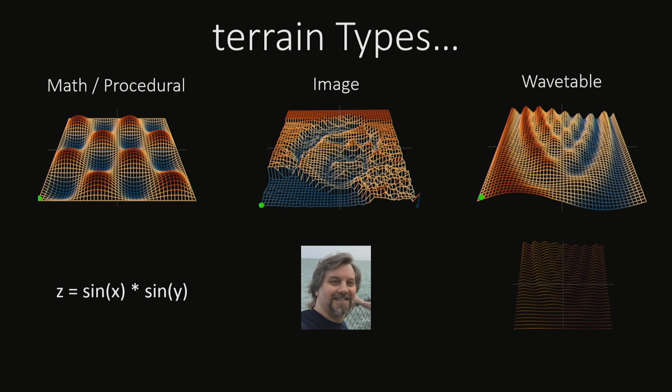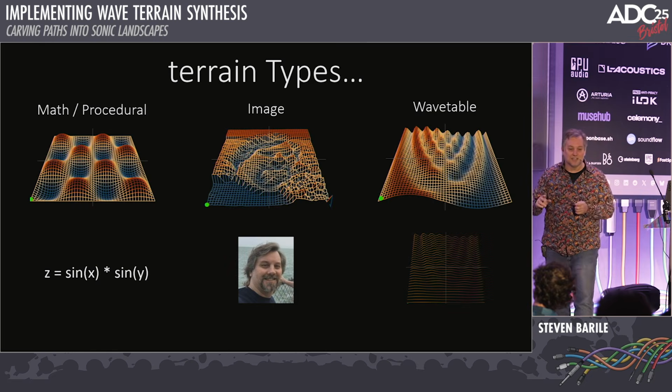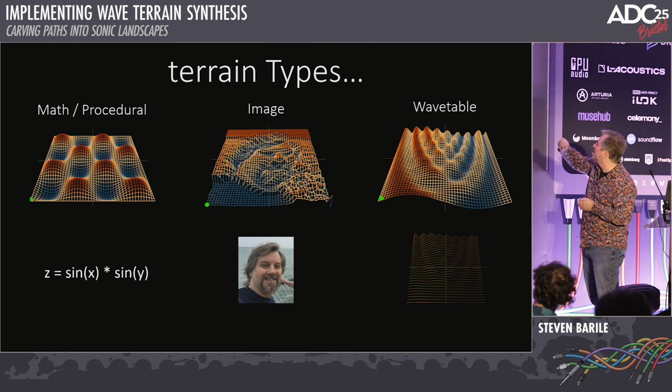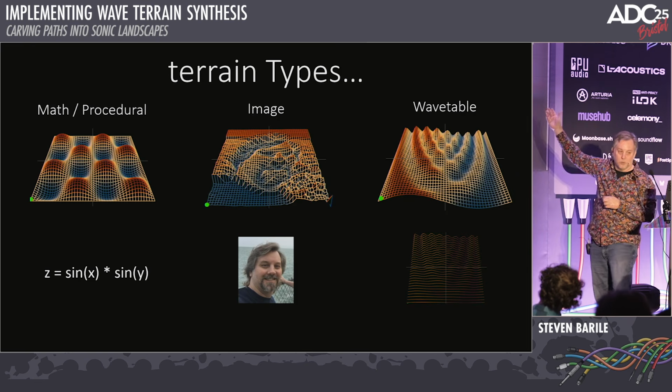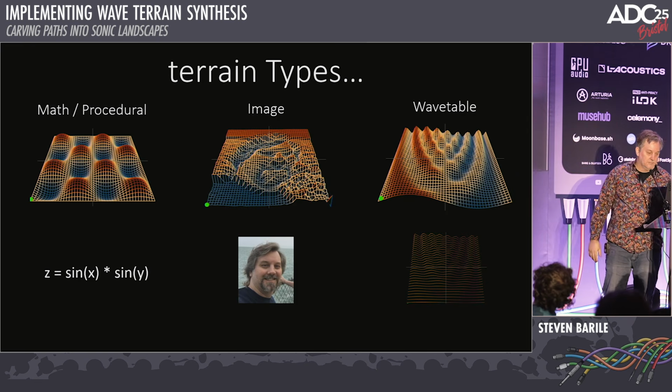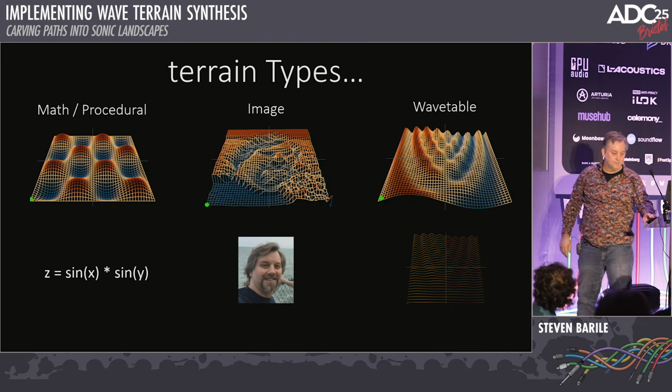Obviously, that's me, and that's what the terrain would look like if you were to play my face. Our tagline initially was "Play your grandma's face," and it's kind of silly, but anyway, we put that up there. And then, and I'll talk more about each one of these, we also will import wavetables. And when the wavetable looks like this, you can render it to make it look like a terrain.